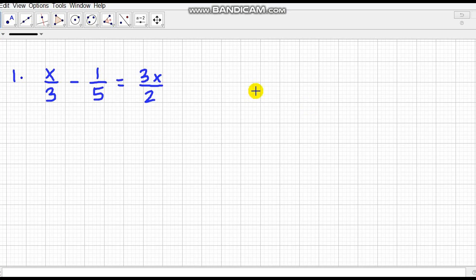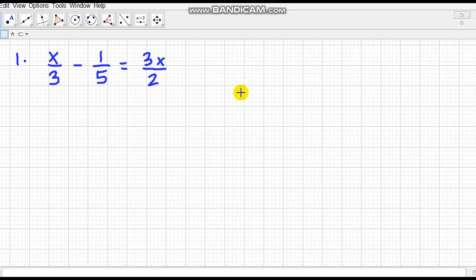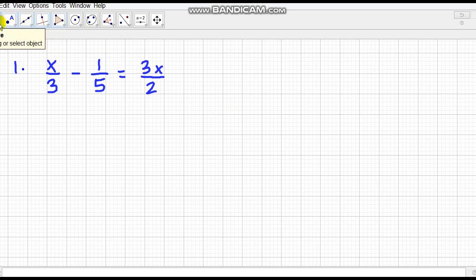These are expressions which contain a numerator and a denominator. So more or less, we're going to be dealing with a lot of fractions in this lesson. So let's solve for x in this equation. x over 3 minus 1/5 equals 3x over 2.